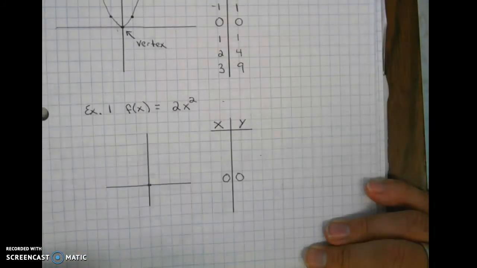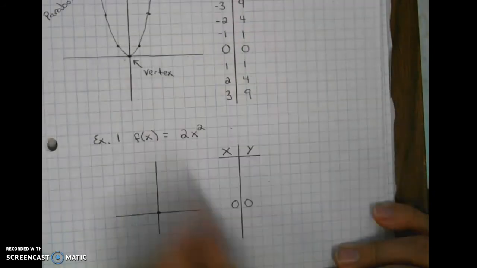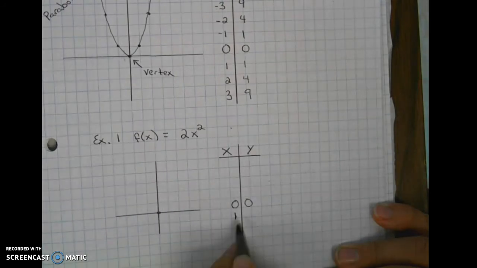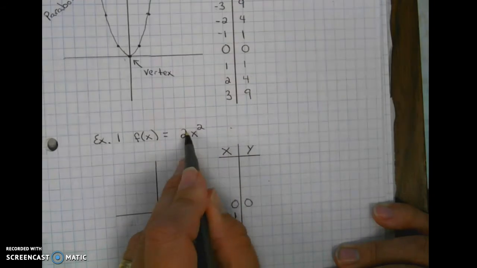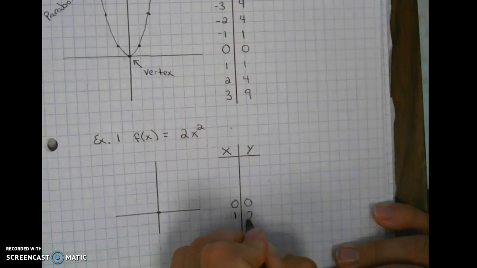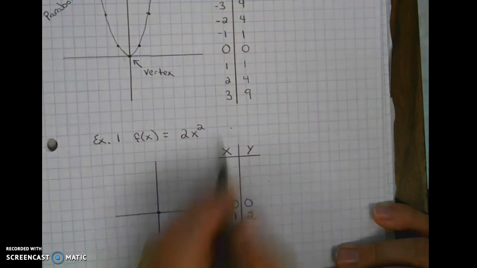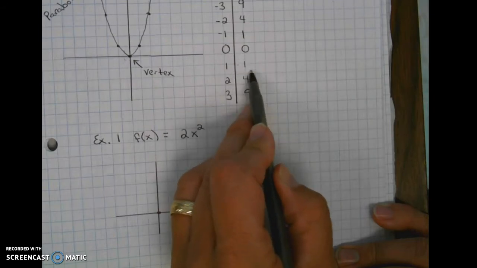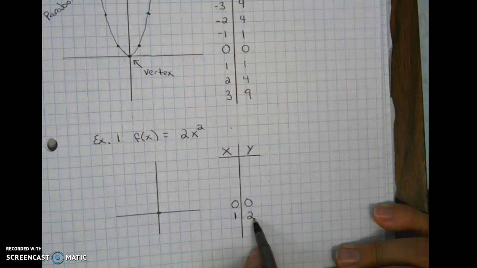Okay? All right, let's move down here to 1. If we plug 1 in, 1 squared is 1. 1 times 2 is 2. So compare that point to the parent. So the y value changed. How many times? 2 times.